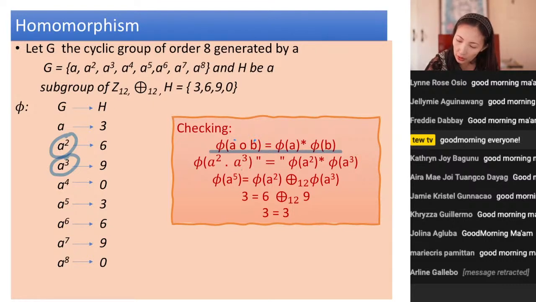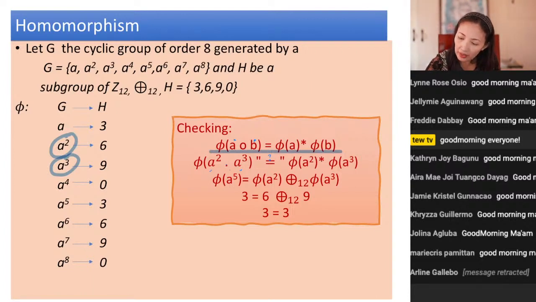And the operation for G is multiplication, diba? Equals, with a question mark because we are checking whether it's a homomorphism or not. Is phi of A squared times A cubed equal to phi of A squared star phi of A cubed? So, let's see.